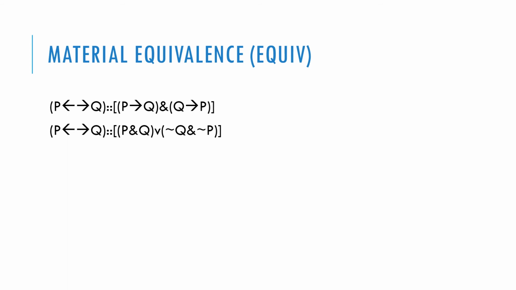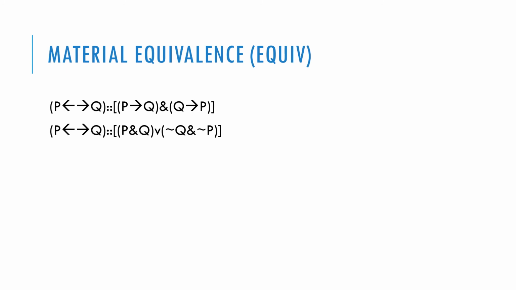Typically, a conditional statement needs to be written in one way because one is sufficient for the other and one is necessary for the other. But using a biconditional, P if and only if Q, we see that both are necessary and sufficient for one another. Similarly, if I say P if and only if Q, I can say P and Q, or not Q and not P.